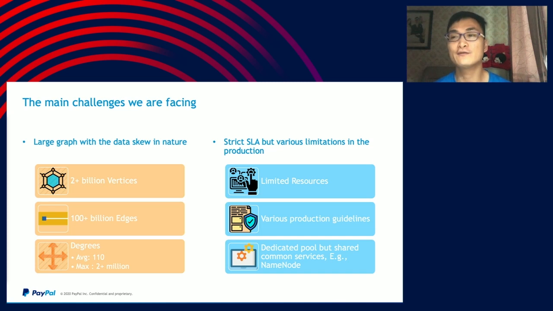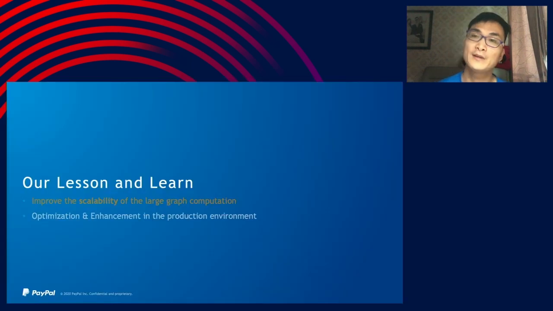I can fully understand this from the platform team's perspective, but from our perspective, we need to balance the performance and the resources very well to meet our strict SLA. That is the work we need to do.